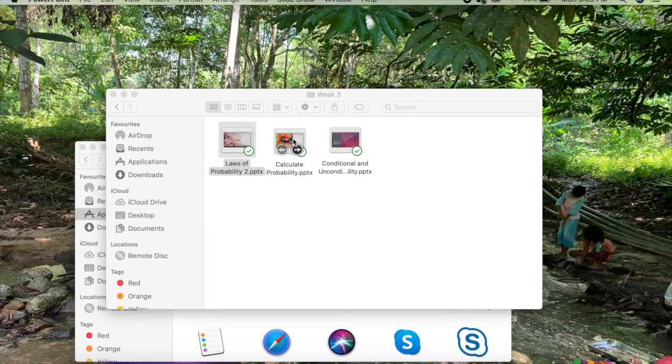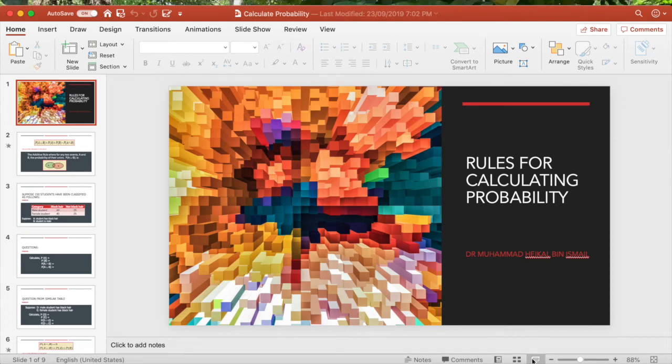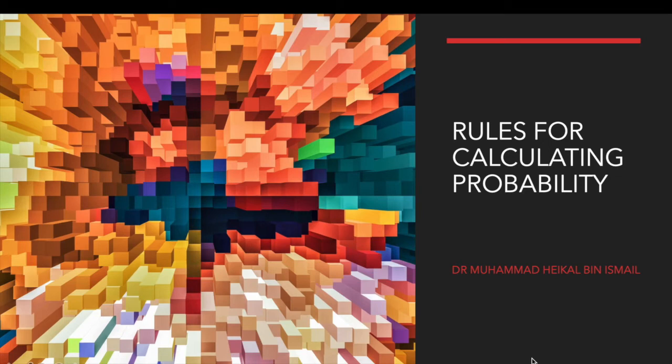As previously mentioned, in week 2 we learned about the unions, intersections, and also the complements. So how do we calculate those? Let's proceed with the calculations. These are the rules that we have to constantly follow.